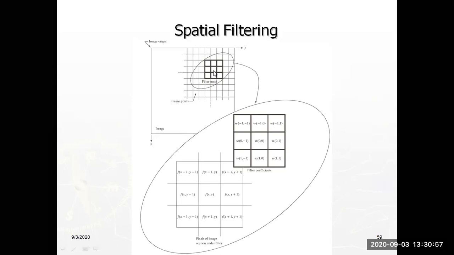Generally we can use correlation or convolution or a multiplication process, and your modified image will be like this. My window coordinates, the filter coordinates, are w of -1 comma -1, w of -1 comma 0, w of -1 comma 1. If you multiply this window with particular pixel values, the result is the pixels of the image section under the filter.